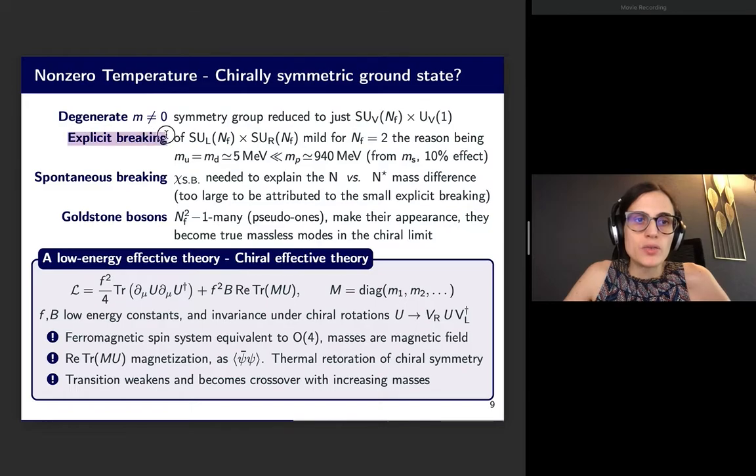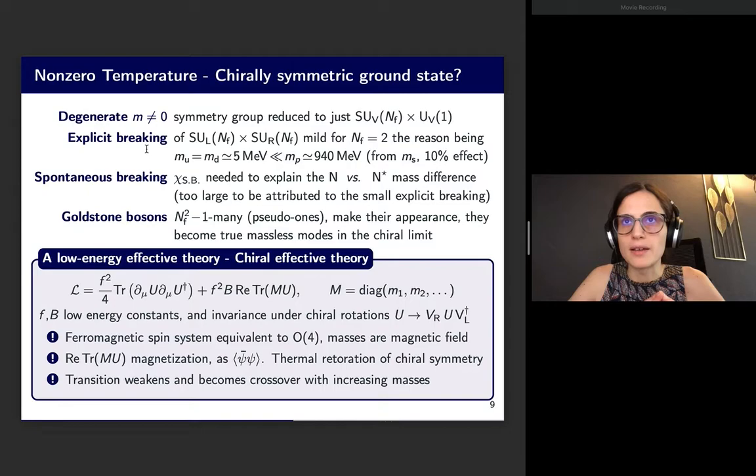We need to, at that point, distinguish between different possibilities for the breaking of such symmetry. We might want to consider the explicit breaking, which comes from the fact that the fermionic flavors or the quarks have a non-zero mass. However, as said, the up and down are very light.